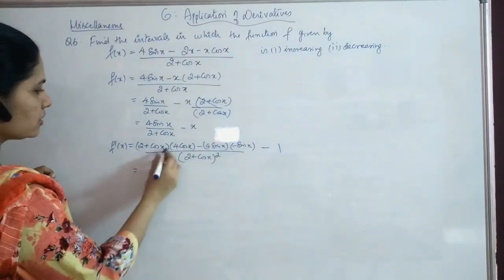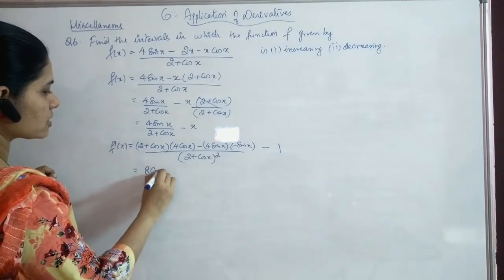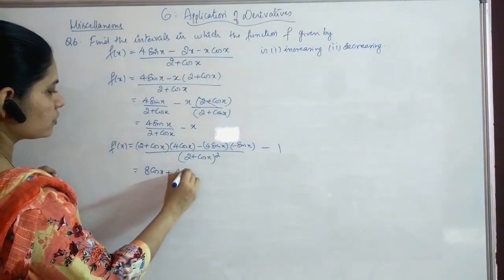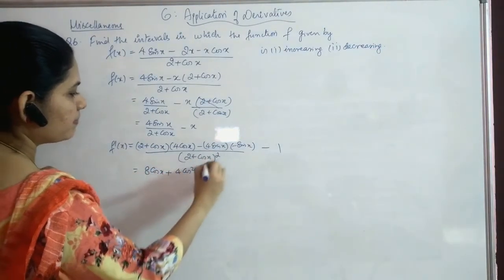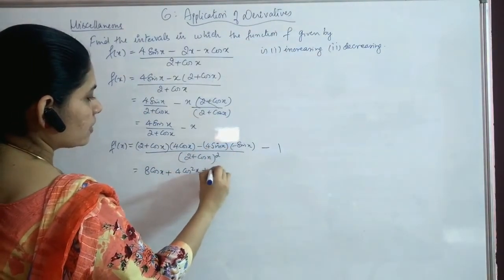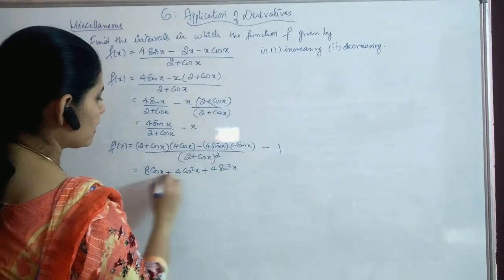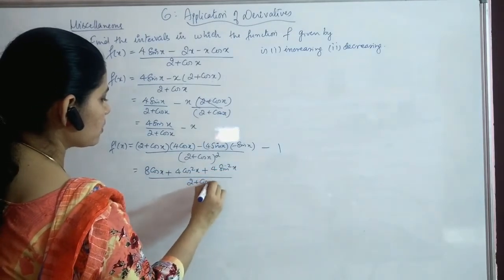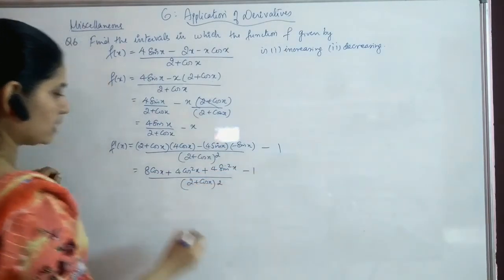So here you are getting 8 cos x plus 4 cos square x plus, this will become plus 4 sin square x, divided by 2 plus cos x the whole square, minus 1.